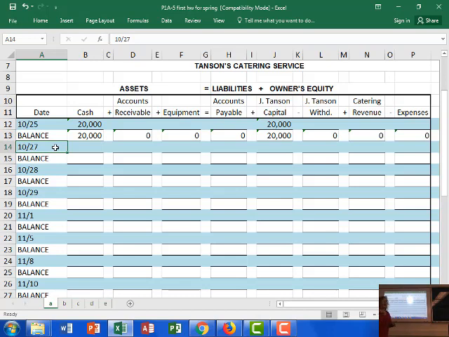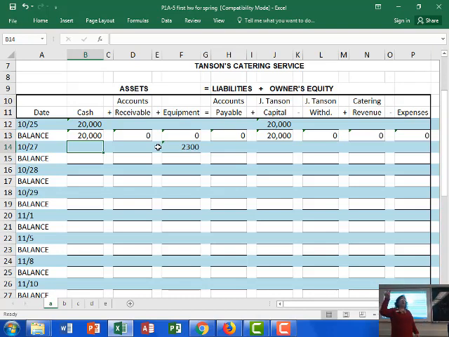So we're going to put the money on the equipment account of how much? $2,300. Watch your zeros. It's only 23, so there's only 2 zeros. And what are we taking it out of? Cash.